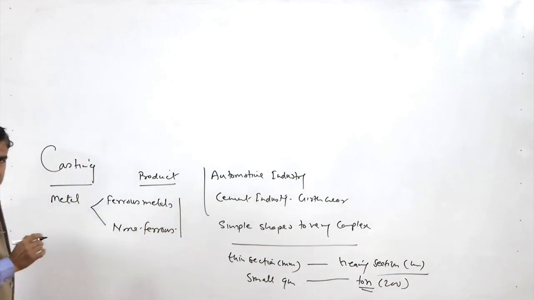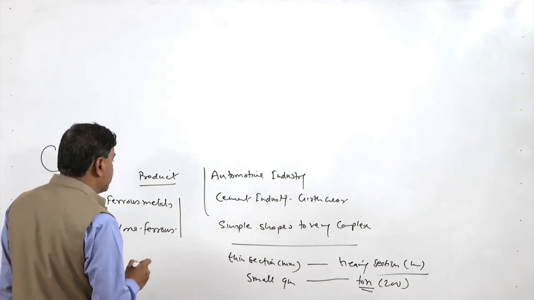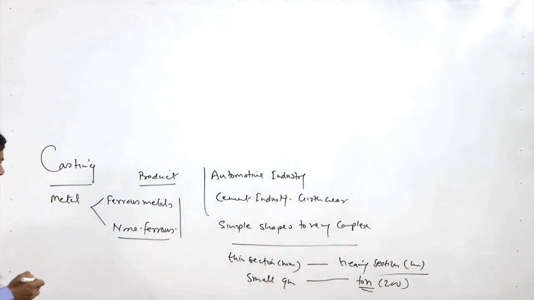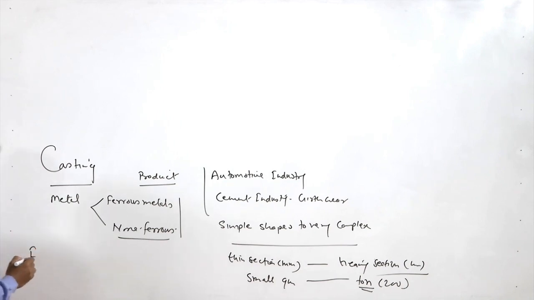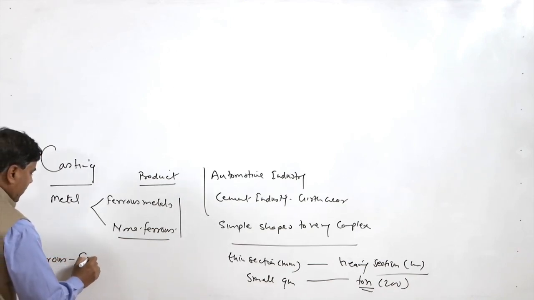Since the ferrous metals have a higher melting temperature as compared to the non-ferrous metals, it is somewhat easier to cast the non-ferrous metals, but there are certain ferrous metals also which are extensively used as casting metals. Among the ferrous metals we have the cast irons.